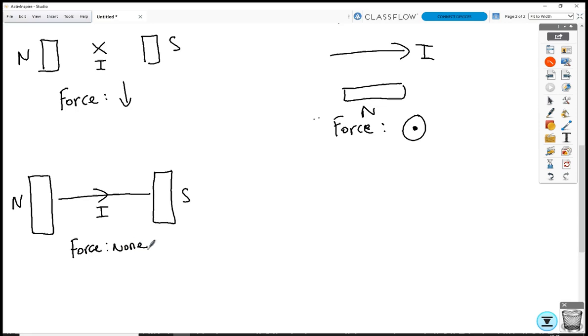And then finally, we'll do north pole, south pole, and we'll do our current coming out of the paper. So again, using Fleming's left-hand rule, we have to point our index finger to the right, and then our middle finger should be pointing out of the paper, and so we get a force going upwards.